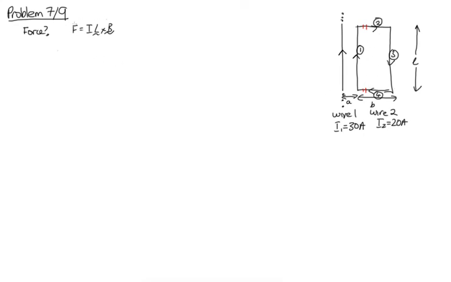So looking at this force equation, if everything's equal but one of these directions is opposite, we can see that the force on this one and the force on this one is going to be equal and opposite. So we can see that the forces on sides 2 and 4, if we just summed up each of these little increments, is going to completely cancel each other out because of symmetry.